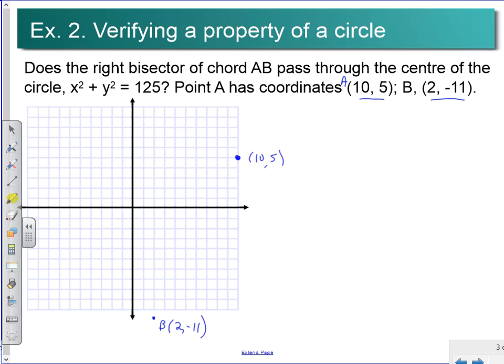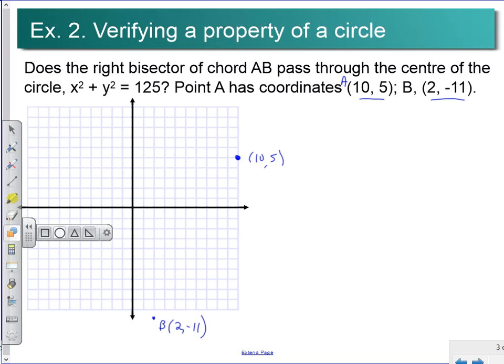Okay, so with those 2 points, I guess we can get a sense that the circle has to be large enough to pass through those. So I'm just going to draw something here, and we'll see if we can affect the size of that circle.